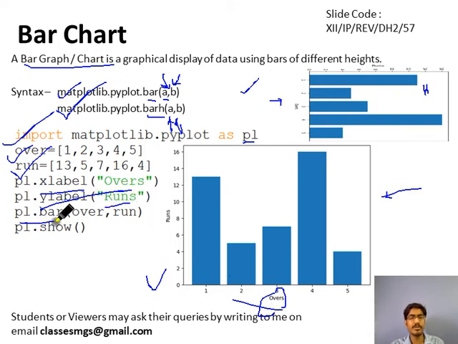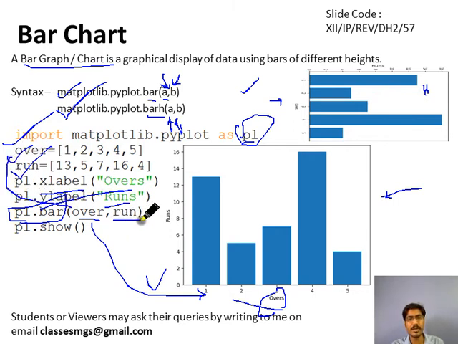And then we want to draw a bar graph. Then we will use plt.bar. We will pass what we want to show on the x-axis, overs, so we have passed the over variable here. And then on the y-axis we want to show runs, so we are passing the run variable into the y-axis, and then plt.show will show the category wise data.